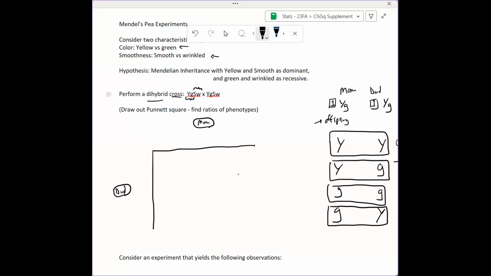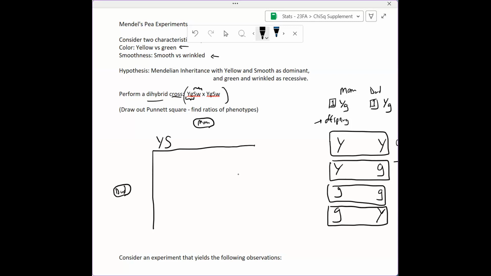This is an assumption that we're making about mom and dad: that mom has one yellow allele, one green allele, and also, maybe on a different chromosome, one smooth allele and one wrinkled allele. So mom could give yellow and smooth.